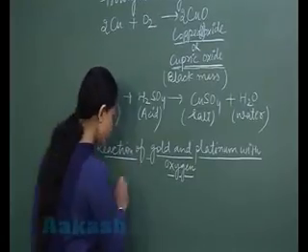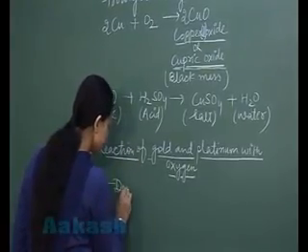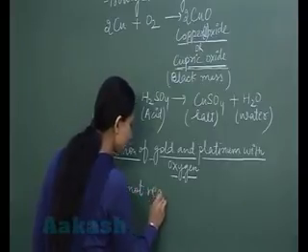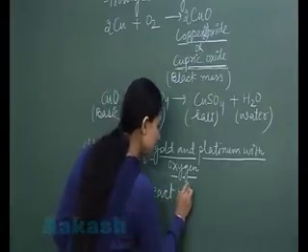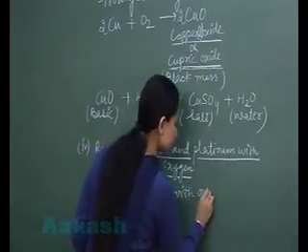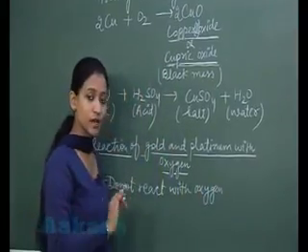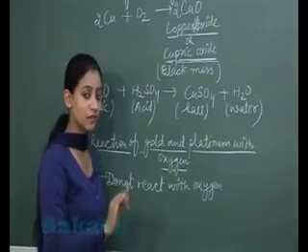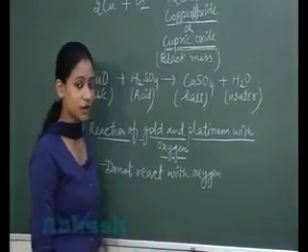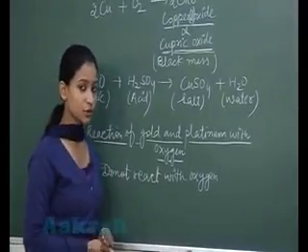So they do not react with oxygen. Do not react with oxygen even at high temperatures. Therefore, students, these metals are also known as noble metals. They do not react with oxygen even at the very high temperatures. Now students, I hope this is also clear to you.